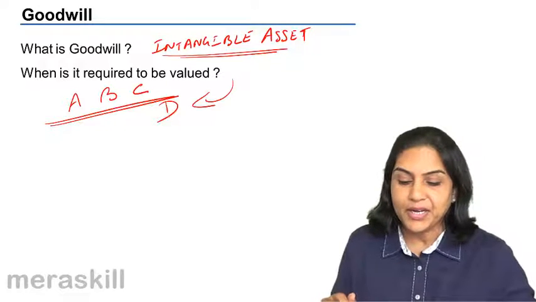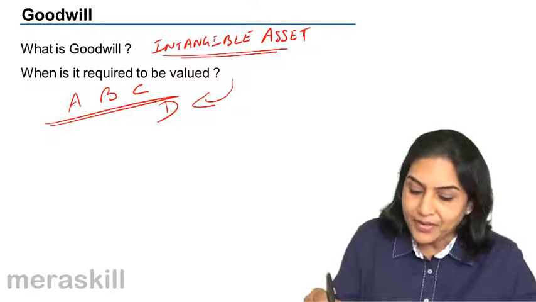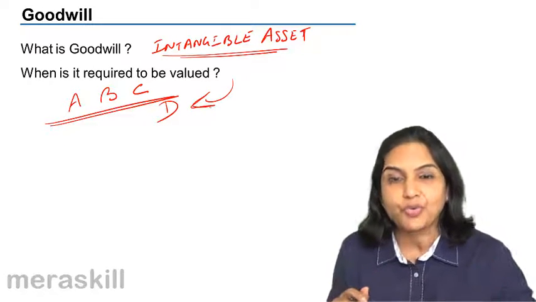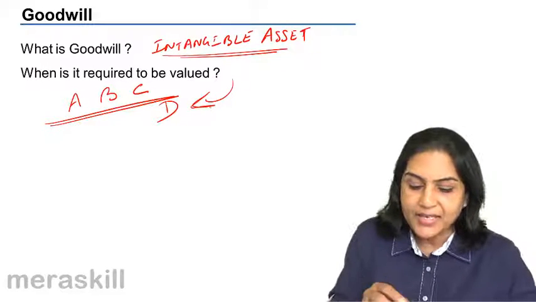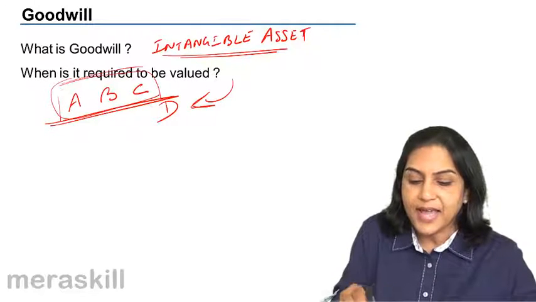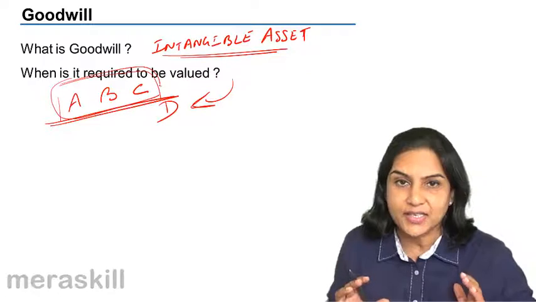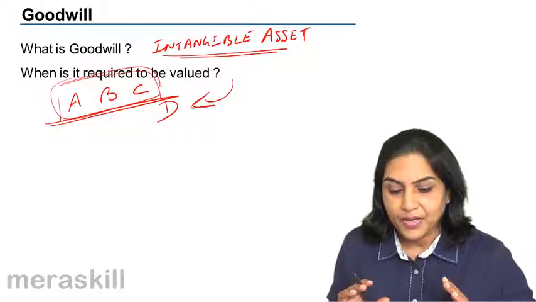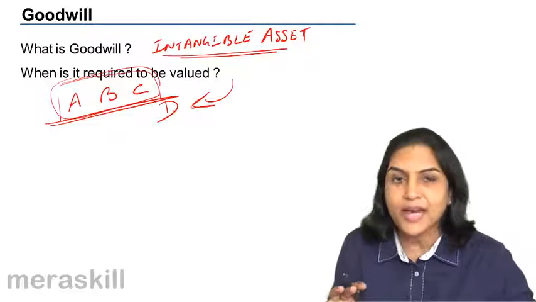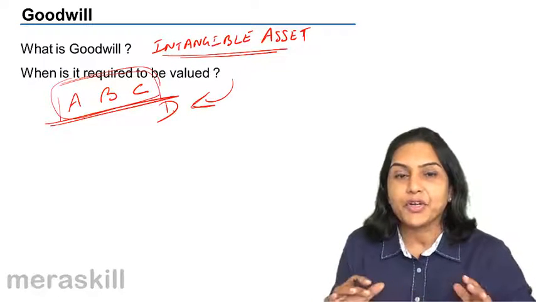So what is usually done is, when a new partner is coming in, an estimate, a valuation of goodwill is made, and the existing partners' capital accounts are increased in proportion, so that they get the benefit of goodwill.